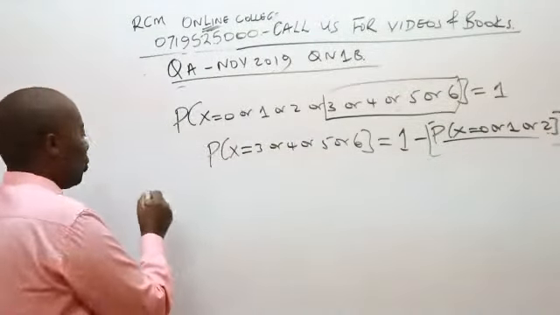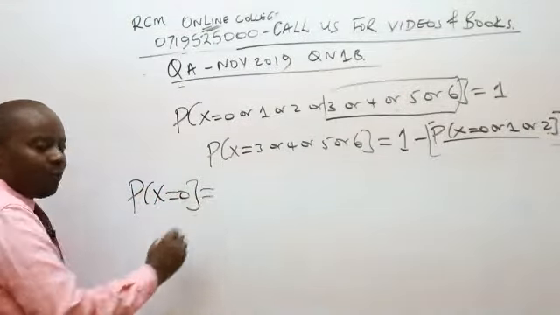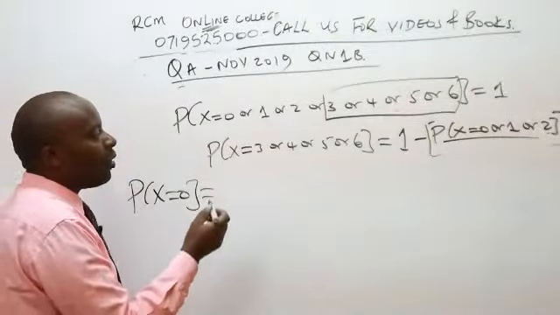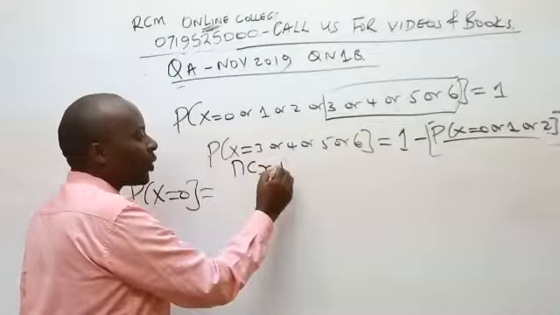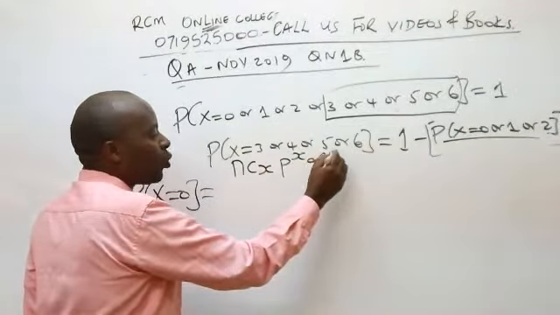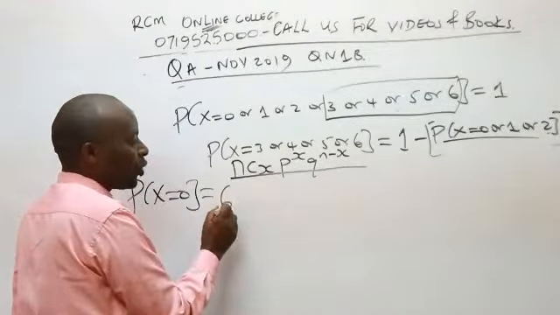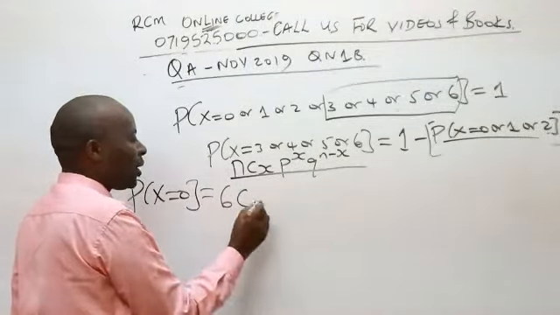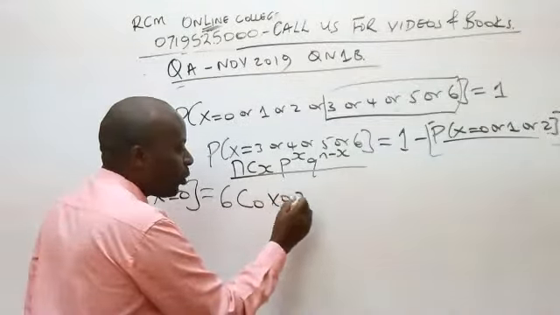So we'll start with the probability of X being equal to 0. Remember, already we have our model. Our model is the one that goes like this: n combinations X, P raised to X, Q raised to n minus X. So our n, ladies and gentlemen, here is 6. So 6 combinations 0. P, I hope you remember our P was 0.2.